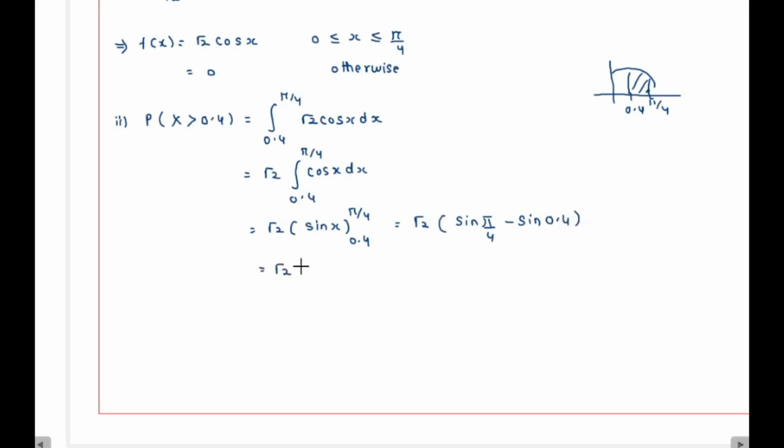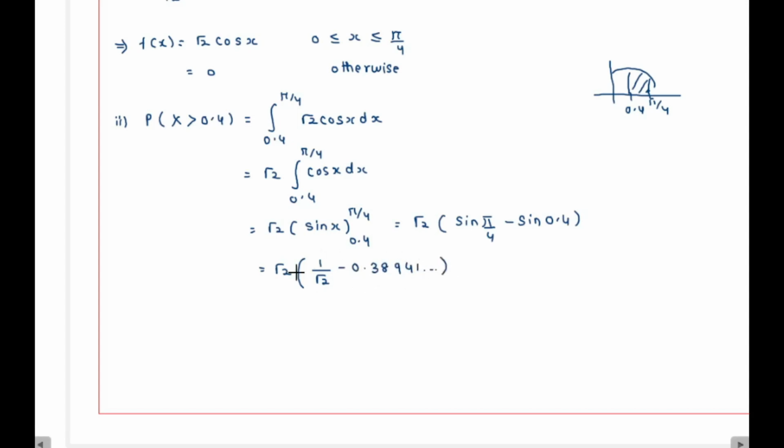So this will be equal to root 2 into sine pi by 4, which is 1 upon root 2, minus sine 0.4, which will be something like 0.38941 something.